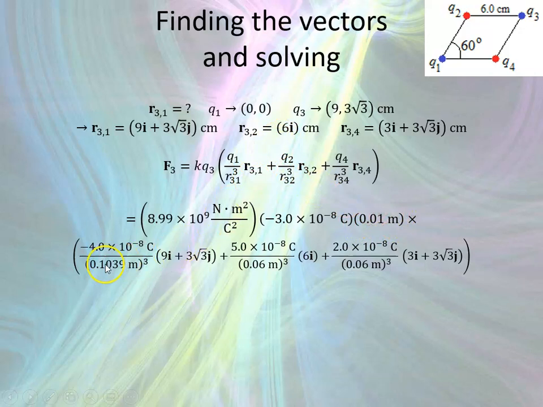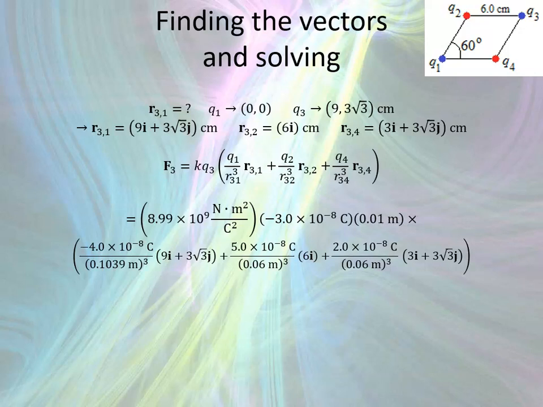And then I plugged in everything else. So there's my r_31 vector, there's my r_32 vector, there's my r_34 vector. And notice that in the denominator, we have the magnitude cubed. That doesn't change the fact that Coulomb's law is a 1 over r squared force law. We just get the r cubed because we decided to write out our unit vector as vector divided by magnitude, giving us another factor of magnitude, which we collapsed into the denominator.